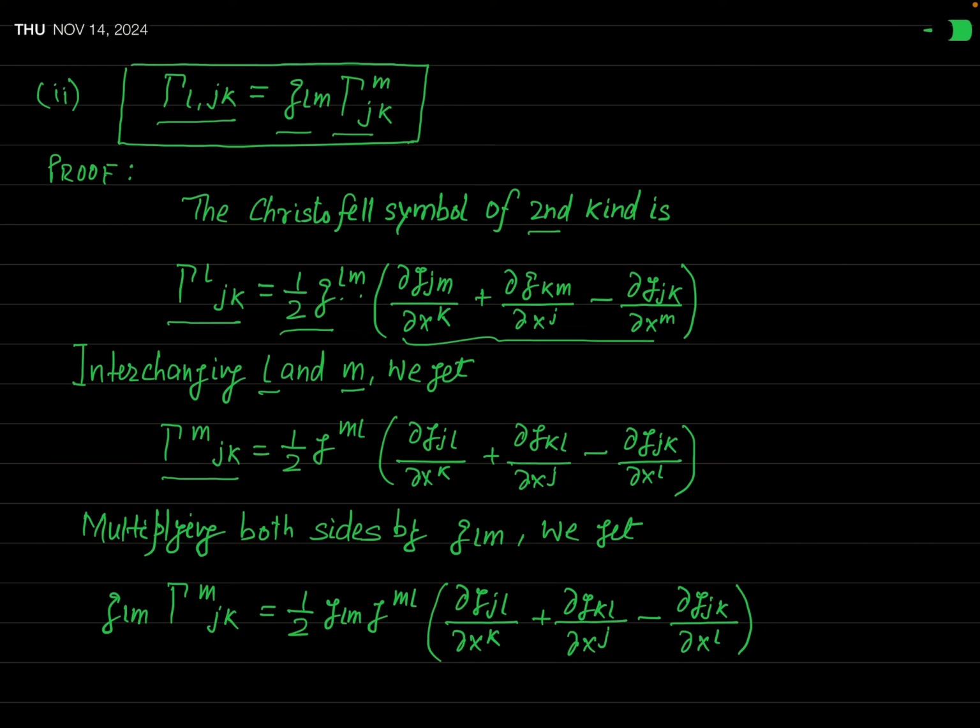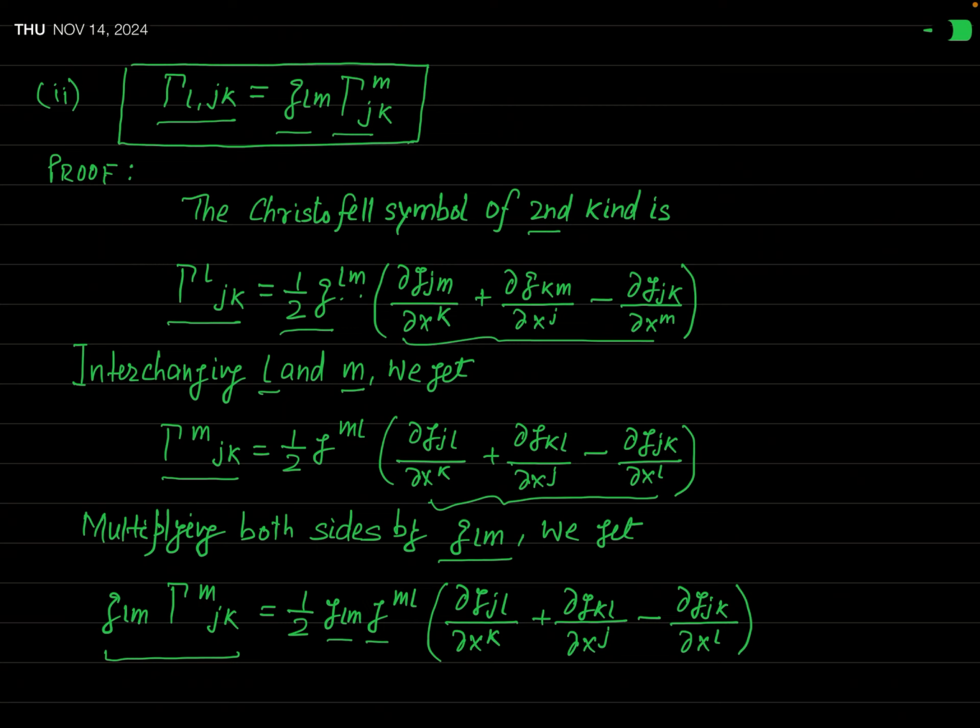Similarly, in the different terms inside this bracket, l and m have been replaced. Now let us multiply this expression on both sides by the metric tensor g_lm. After multiplication, our LHS will become g_lm times Γ^m_jk, and that will be equal to 1/2 g_lm times g^ml.